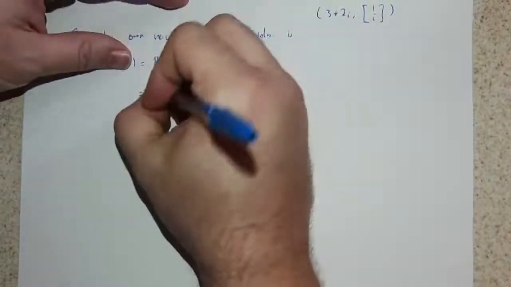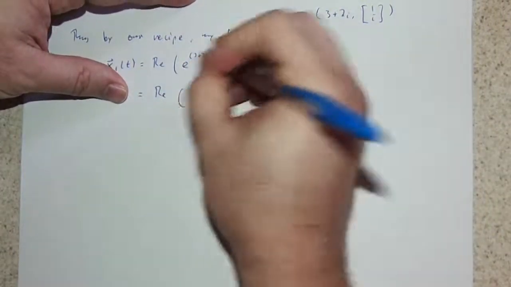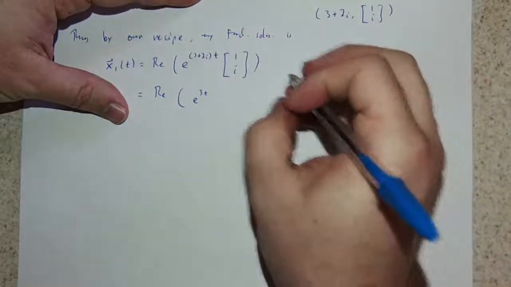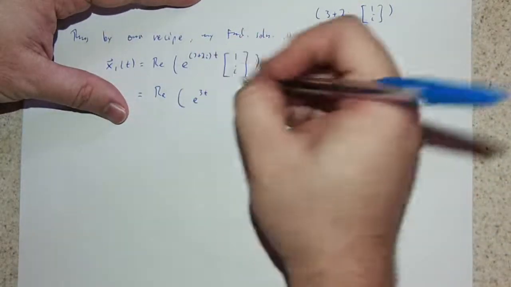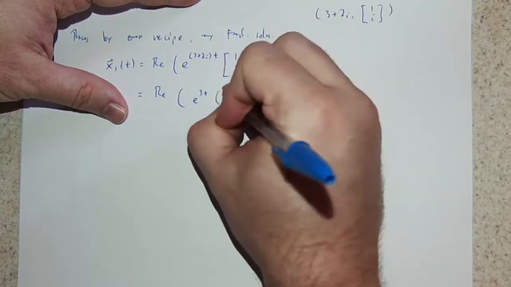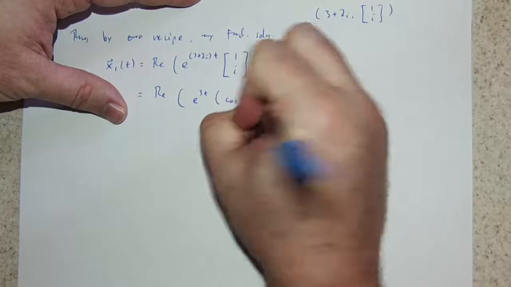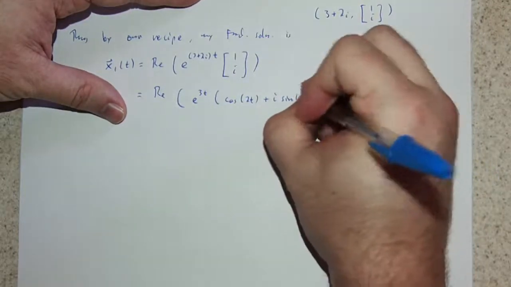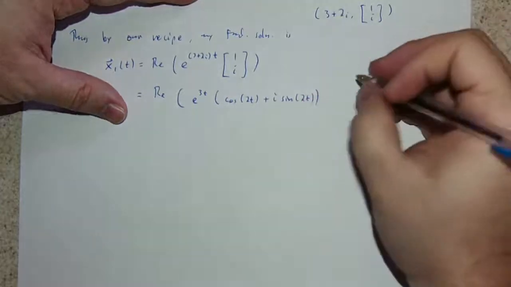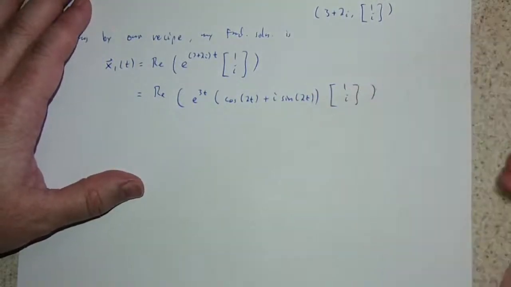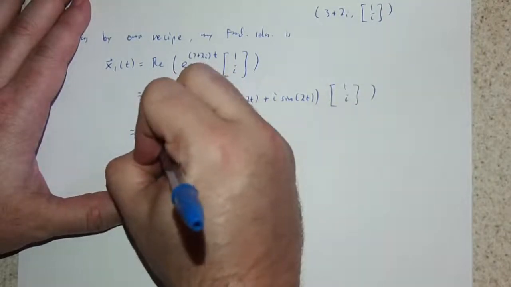This is the real part of, let's say we have e to the 3t times cosine of 2t plus i times sine of 2t times 1i.